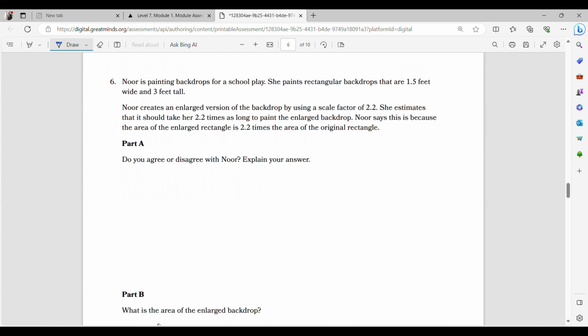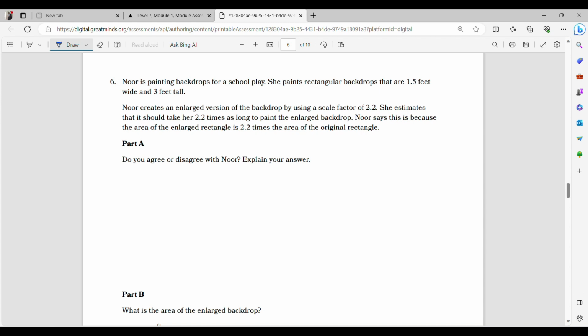Alright, let's move on. Nora is painting backdrops for a school play. She paints rectangular backdrops that are 1.5 feet wide and 3 feet tall. Nora creates an enlarged version of the backdrop by using a scale factor of 2.2.